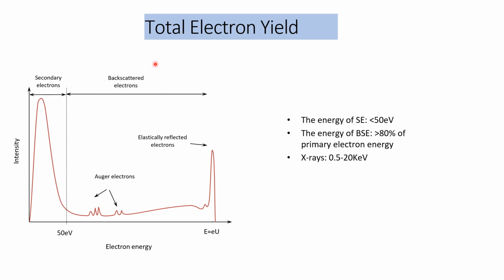And in backscattered electrons, there is elastic collision. That means there is no loss of energy when collisions occur. So backscattered electrons have high energy and secondary electrons have low energy, and Auger electrons also have high energy but they have very low intensity.